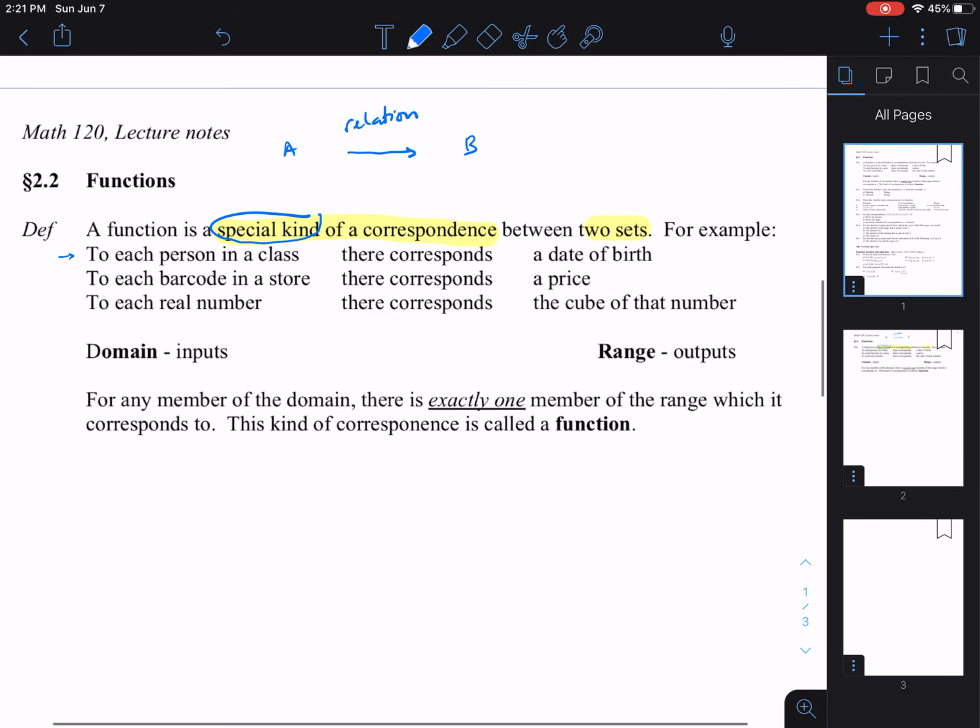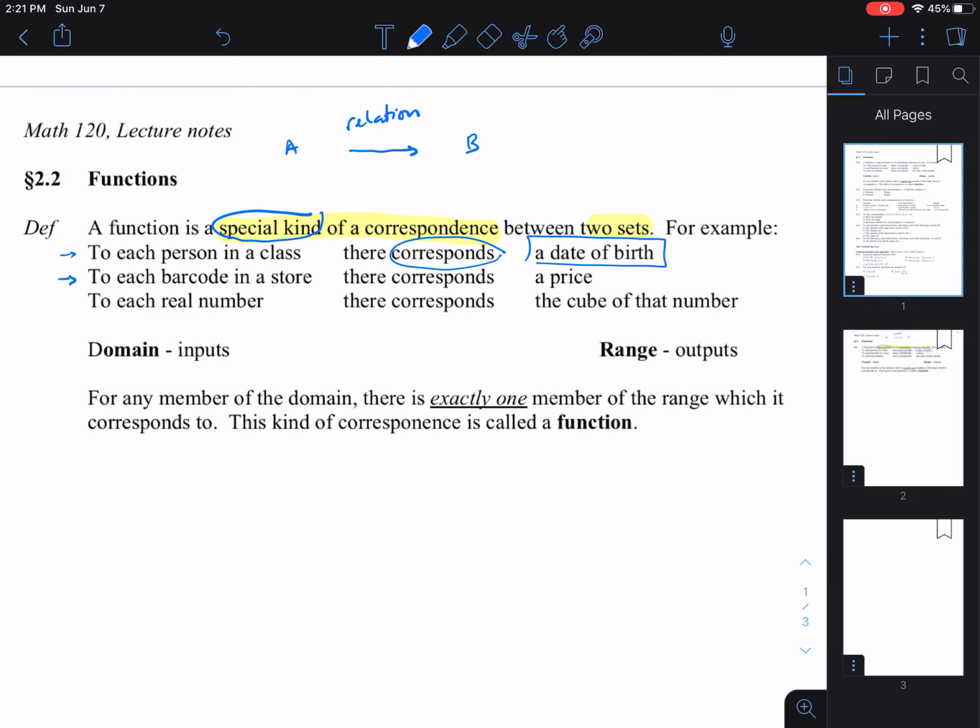Let's look at this example. For each person in a class, there corresponds a date of birth. For each person, there can only be one date of birth. And each barcode in a store corresponds to a single price. You pick up a single item, anything randomly in the store, and you scan the barcode.